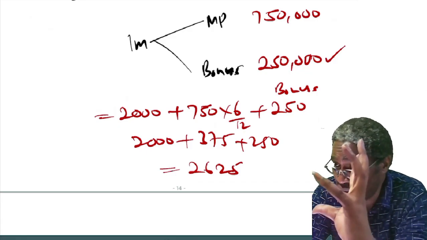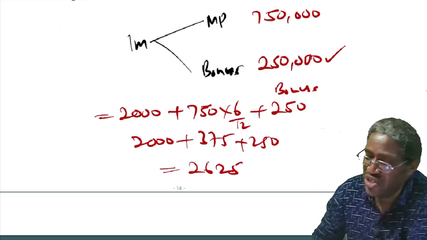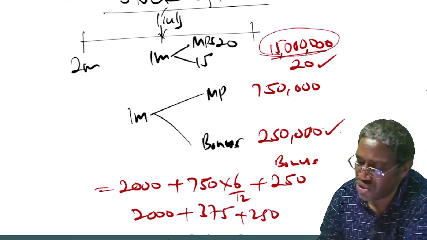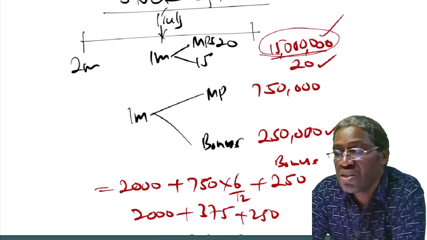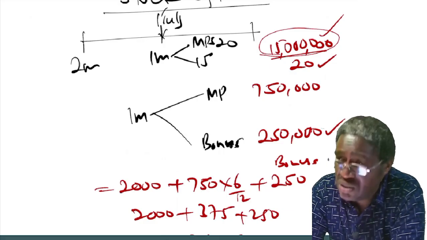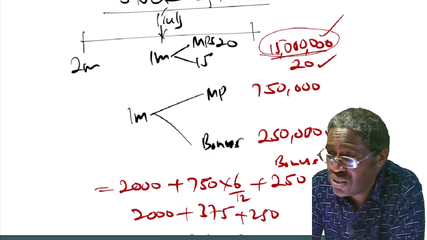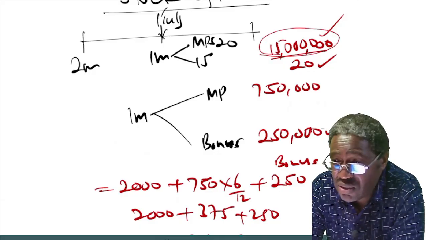So you must separate. To get the number of shares deemed to be issued at full market price, you divide the amount received from the stock option by the market price per share. Then the difference between the number of shares issued, which is 1 million, and the number of shares issued at full market price, the difference is bonus.